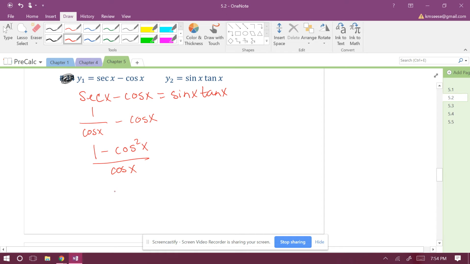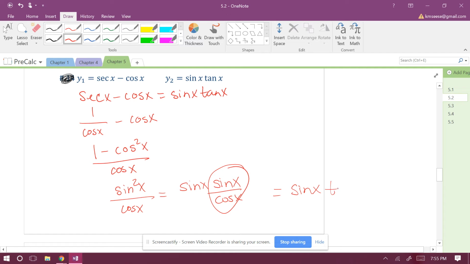Well, 1 minus cosine squared of x, let's see your Pythagorean identities, that is sine squared of x over cosine of x. I need it to become sine of x, tangent of x. So I need one of these sine of x. Think of this as sine of x times sine of x over cosine of x. That is allowed. These are equivalent statements. Well, this is tangent of x.